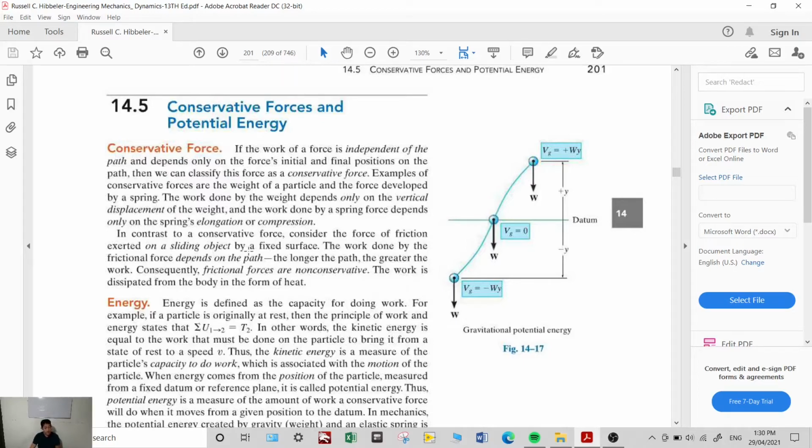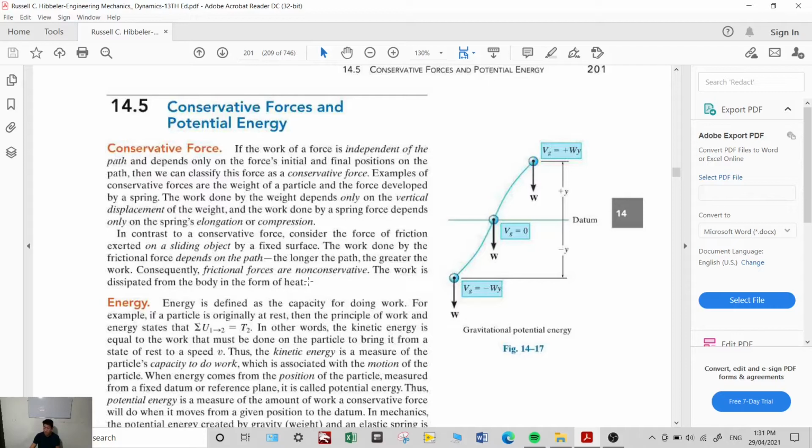In contrast, a non-conservative force, an example of which is friction. The force of friction exerted on a sliding object by a fixed surface depends on the path.